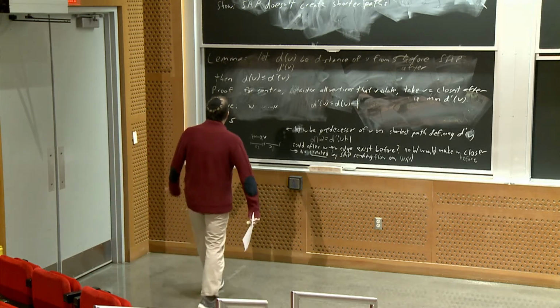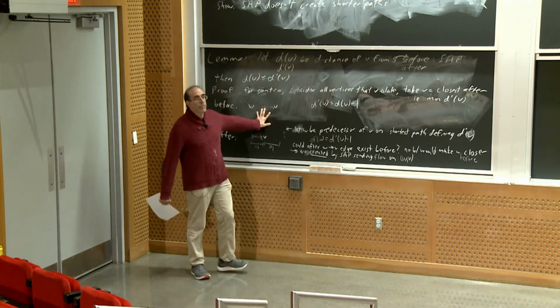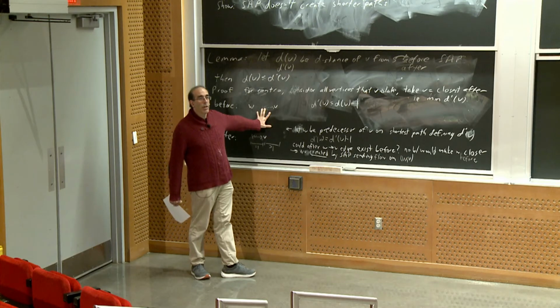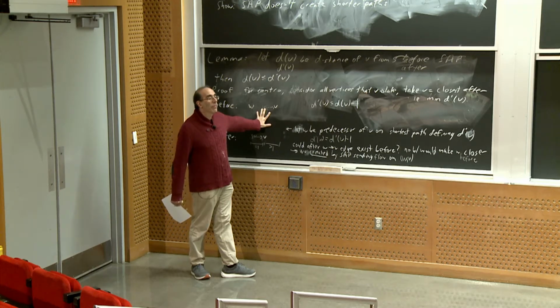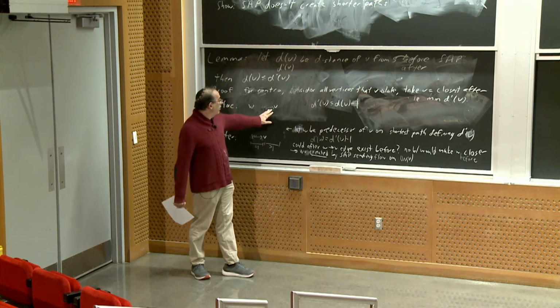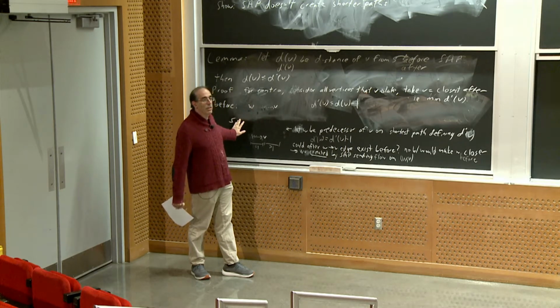Well, what do we see here about the relationship between W and V before the augmentation is carried out? Yes? W is equal to d of v plus 1. Right. W is closer than V to S, right?